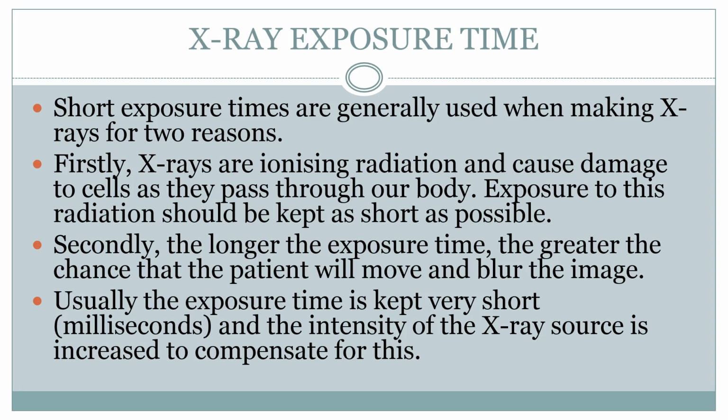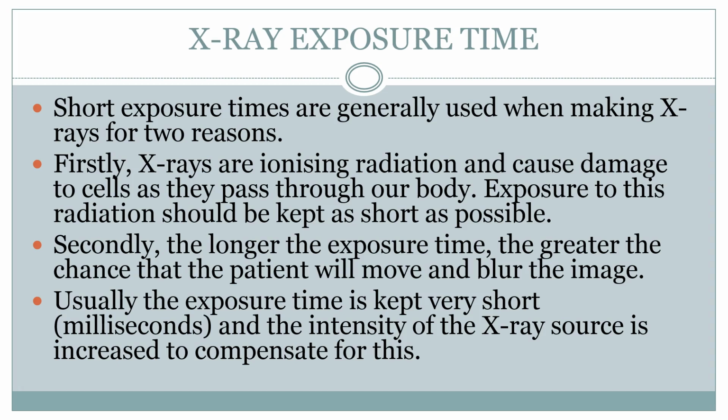So usually we use a short exposure time, as I said before, a couple of milliseconds, and to compensate for that we normally use a fairly intense source of X-rays. Intensity means how many photons per second. It doesn't mean how hard the photons are or how much energy they carry.